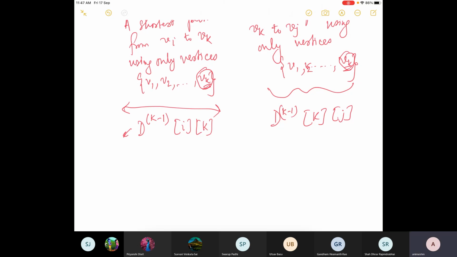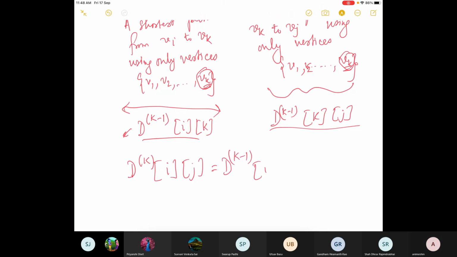Now do you see where the story of optimal substructure comes in? Small tidbits make up the whole. So for this case 2, you can write dkij is equal to dk minus 1 ik plus dk minus 1 kj.